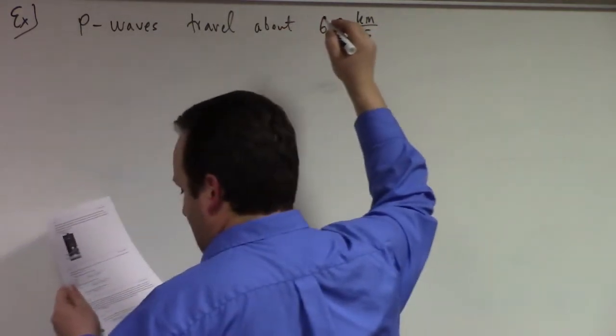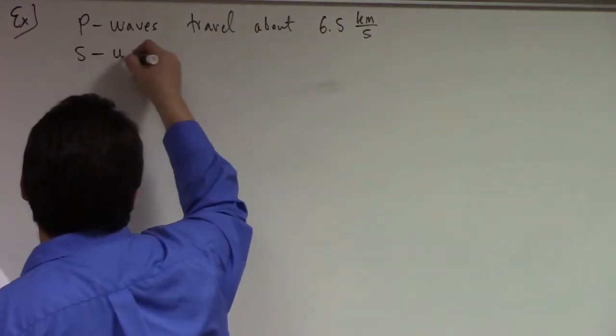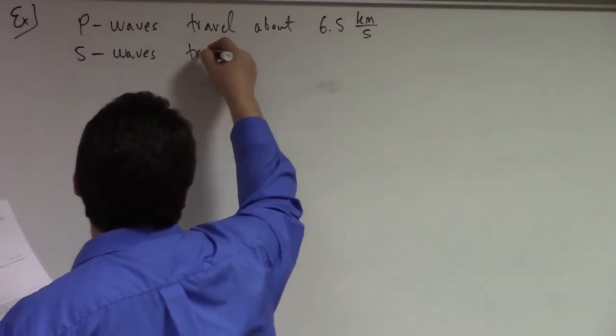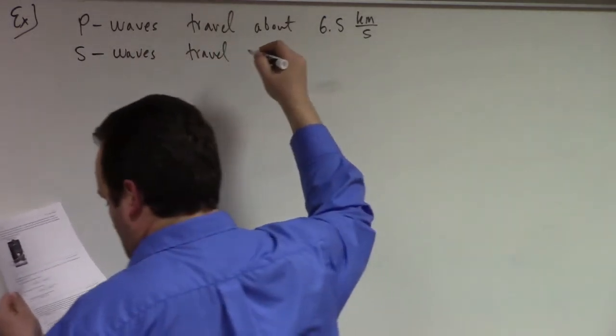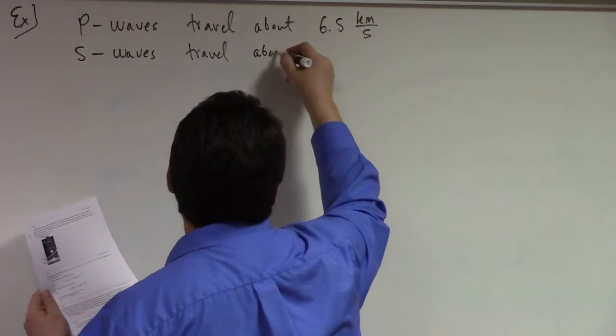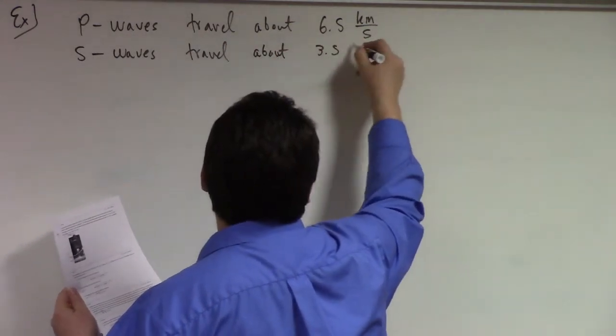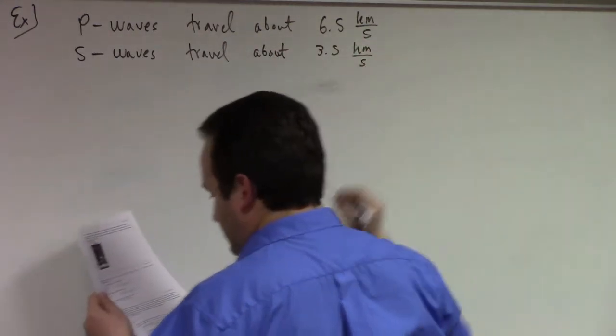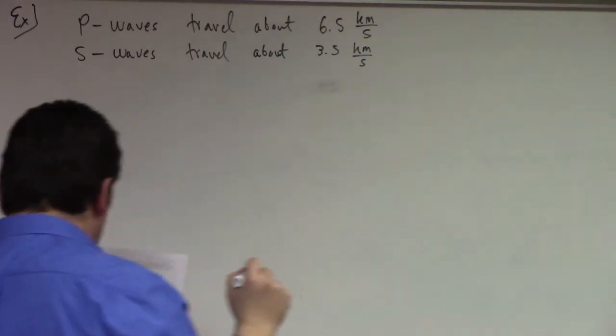And then you have these S waves. How fast do they travel? About 3.5 kilometers per second. Pretty fast. Okay, the actual speeds vary depending on the particular material in the Earth at that place.